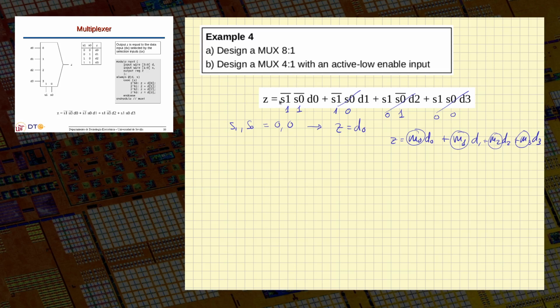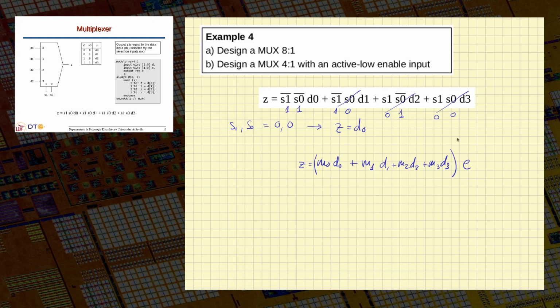What if we want to add an enable signal? Simply, we can add an additional signal to the design, meaning that if now we want Z to have this value only when the enable is active, okay, we can simply multiply the whole expression by the enable signal.